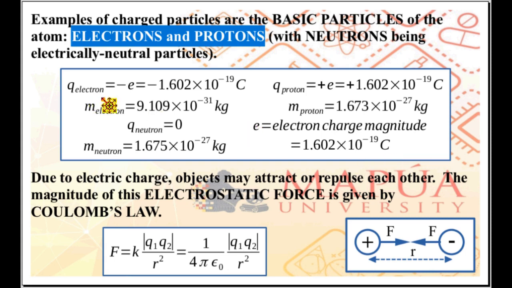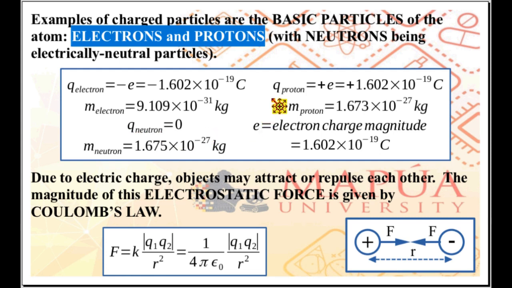So Q electron is equal to negative e is equal to negative 1.602 times 10 to the negative 19 Coulomb. Neutron is an electrically neutral particle, so the charge of a neutron, Q neutron, is equal to 0.